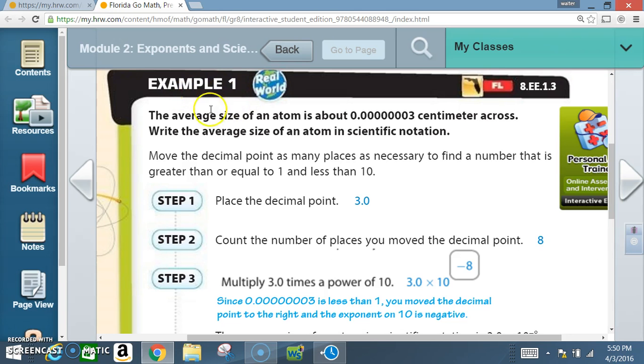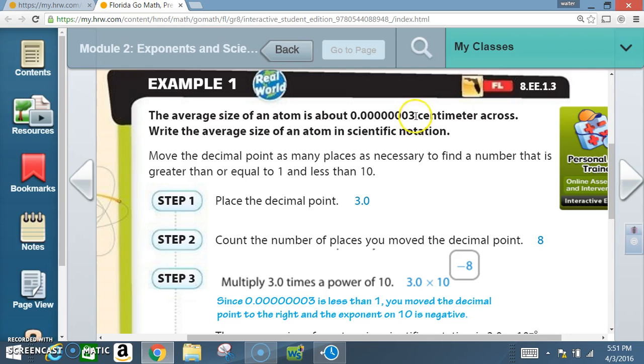Okay, example 1. The average size of an atom is about 0.000000003 centimeters across. Write the average size of an atom in scientific notation. Okay, all you're going to do is move this decimal place until it gets to right at that 3. Why the 3?